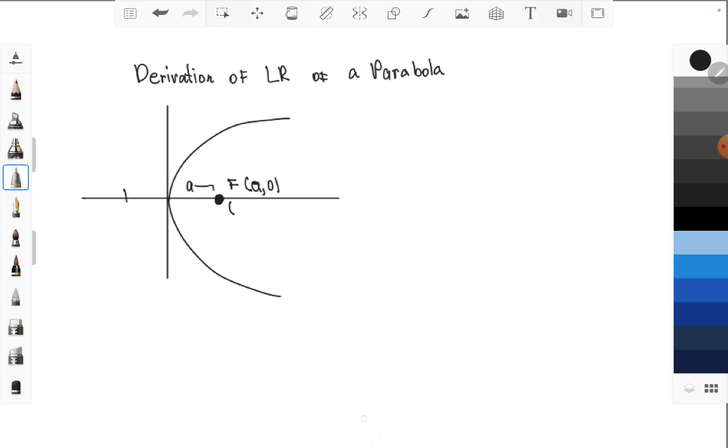Note that the vertex is at distance A from the focus, and it is equal to the distance to our directrix, because they must be equidistant from the vertex.